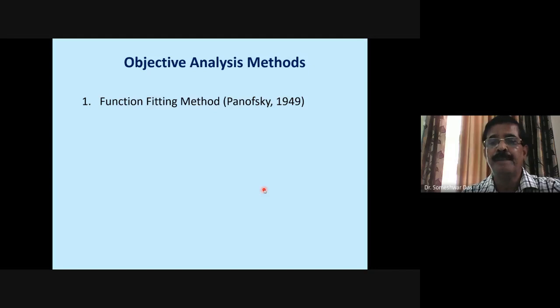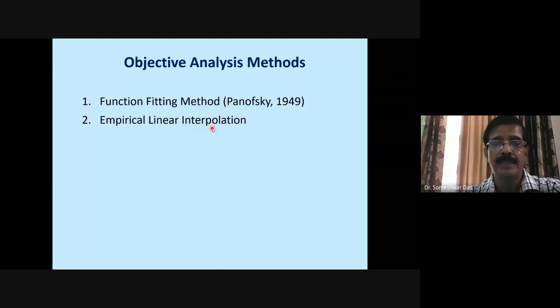It was proposed by Panofsky in 1949, long back. Panofsky was a statistician, and this fitting method, as you see from the name, is basically a statistical technique. The second way is the empirical linear interpolation. Let's discuss these one by one today.